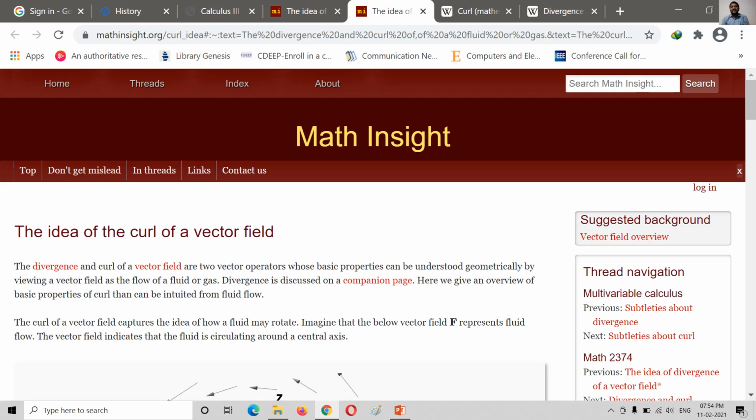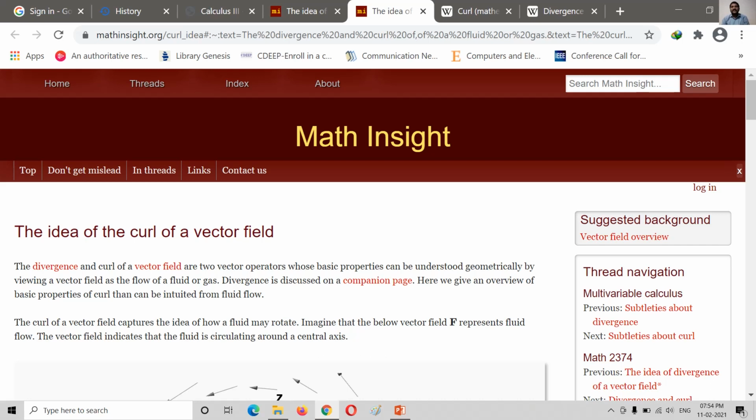From that we define the concept known as divergence, that is, the air is coming outside, the air is diverging outside. So that is known as the divergent point. That is, from the divergence we come to know the starting point of the vector. At the same time, to understand the concept of the curl, we took the example of the whirlpool, which generally occurs in floating water, in rivers or the sea.